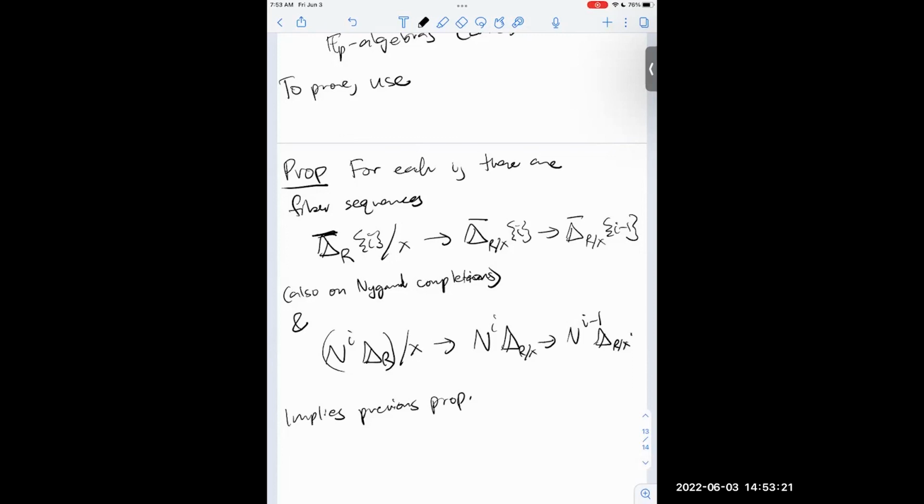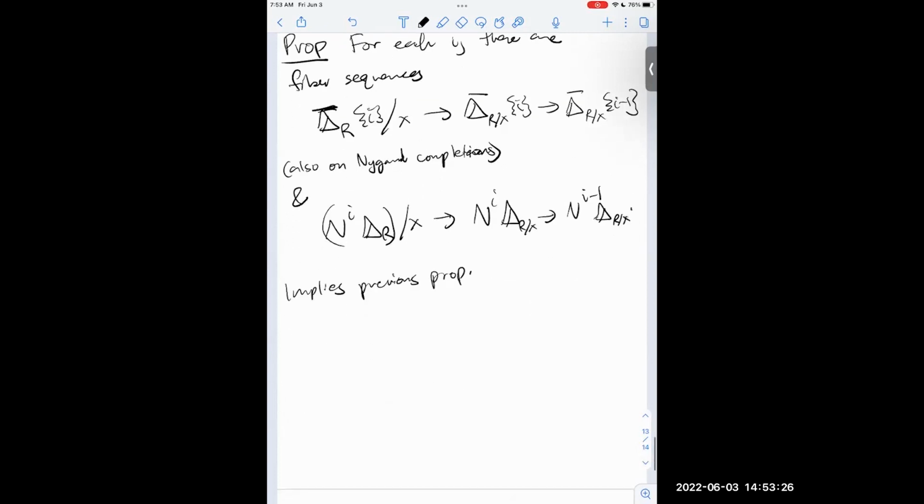That's essentially the argument for regular rings being F-smooth. And let me remark that the other direction, that F-smoothness implies regularity, is a little bit easier. And in fact, the condition of Nygaard completeness is not going to be used over there. But here we're showing that regular rings have this Nygaard completeness property.